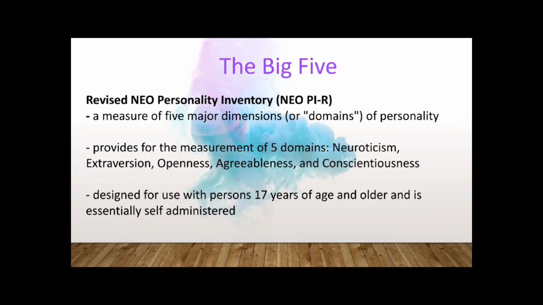The NEO-PI-R provides for the measurement of five domains: agreeableness, conscientiousness, neuroticism, extraversion, and openness. It is designed for use with persons 17 years of age and older and is essentially self-administered. Computerized scoring and interpretations are also available.